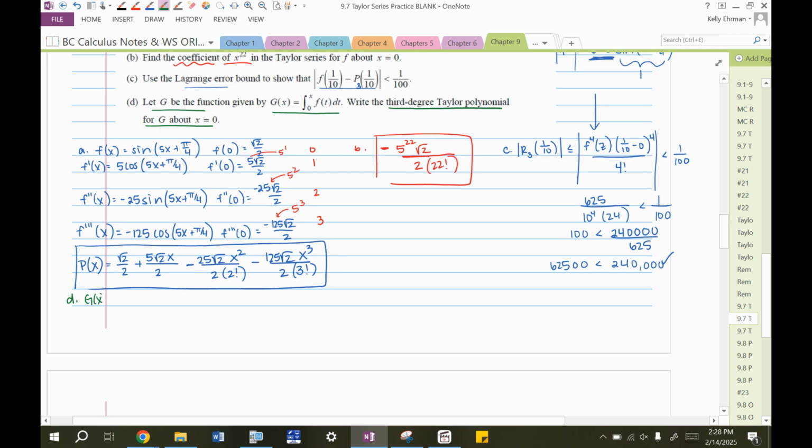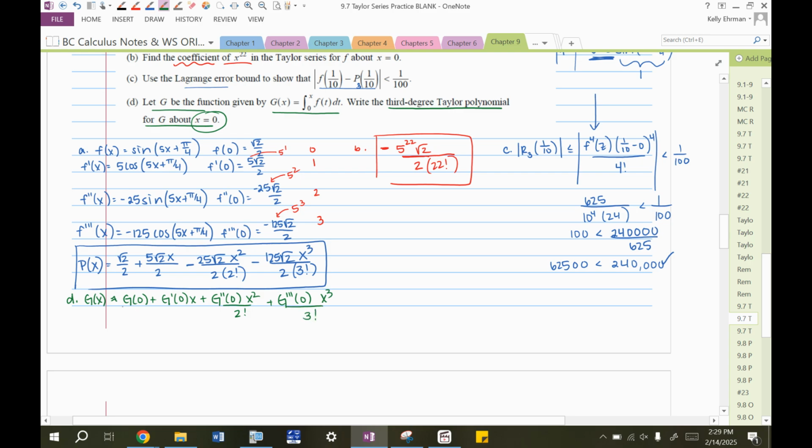So G of x is approximately equal to, we're going about 0, G of 0 plus G prime of 0 times x plus, what are we trying to do? Third degree. G double prime of 0 times x squared over 2 factorial plus G triple prime at 0, x cubed, 3 factorial.